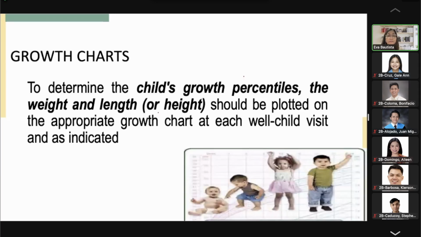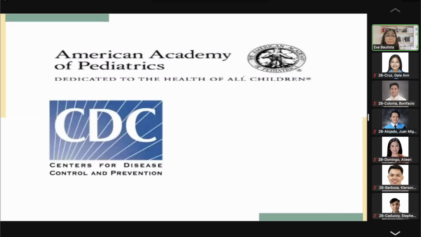So the growth charts consist of a series of curves that illustrate the distribution of selected body measurements in children. We pediatricians use this, and we get the percentile of the growth of the child: the weight, the height, the head circumference. The evaluation of child growth trajectories and the interventions designed to improve child health are highly dependent on the growth chart.